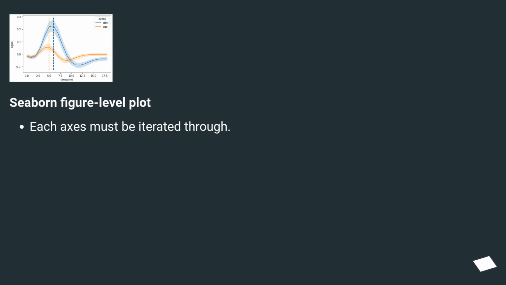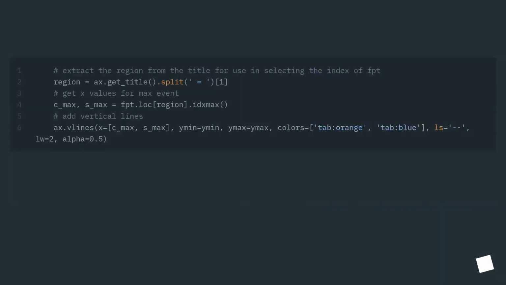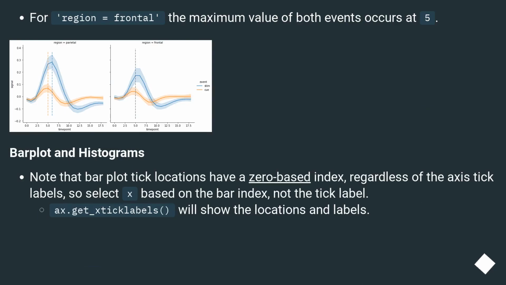Each axis must be iterated through. For region equals frontal, the maximum value of both events occurs at 5.